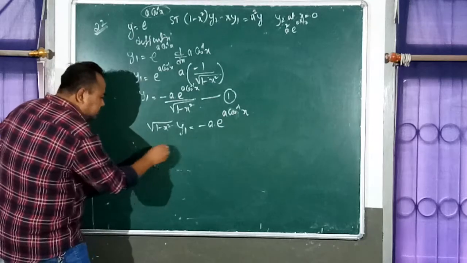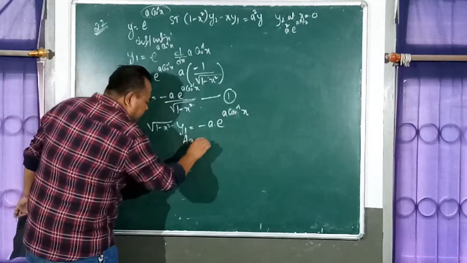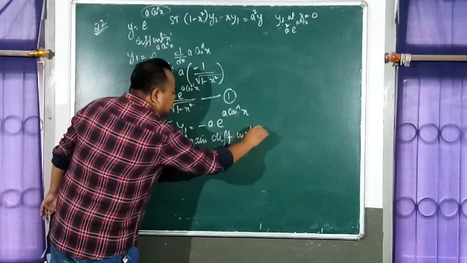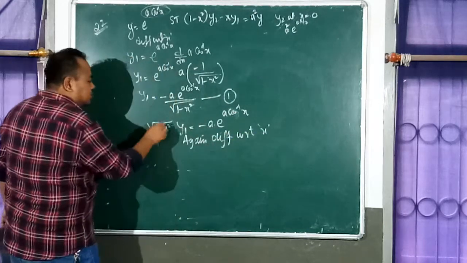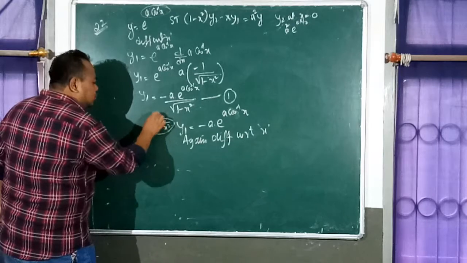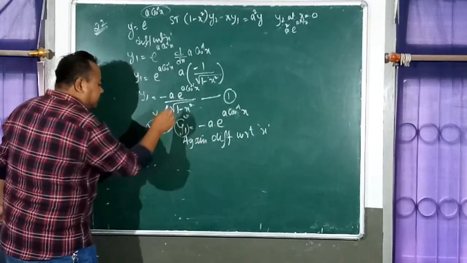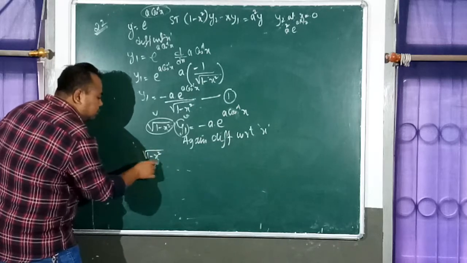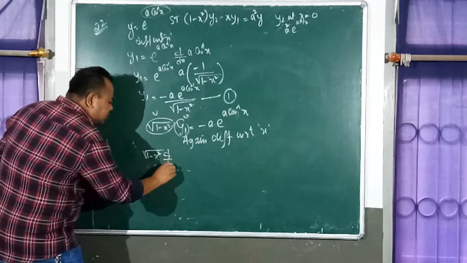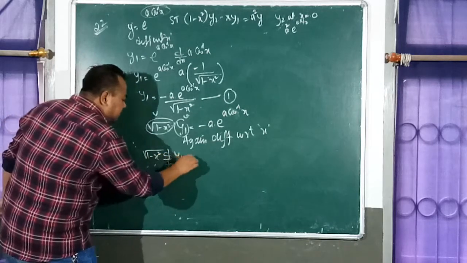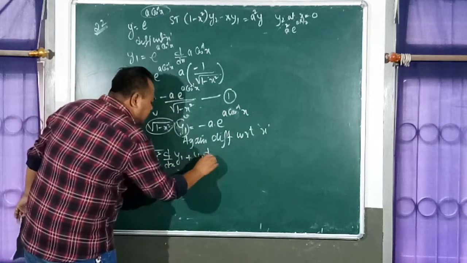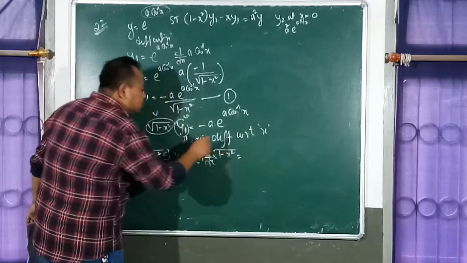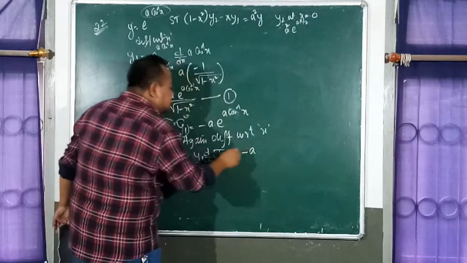Again, differentiating with respect to x. So again, this becomes your u and this becomes your v. Please tell me the product rule one more time. u d by dx of v plus v d by dx of u equal to minus a, which is a constant.